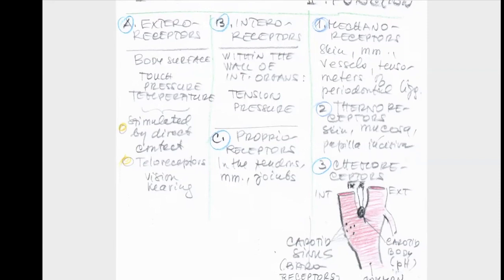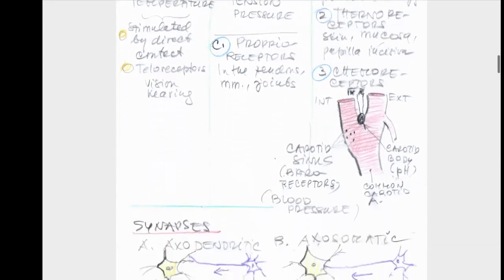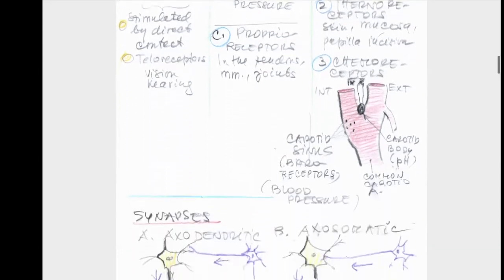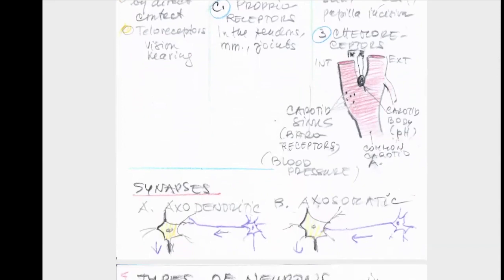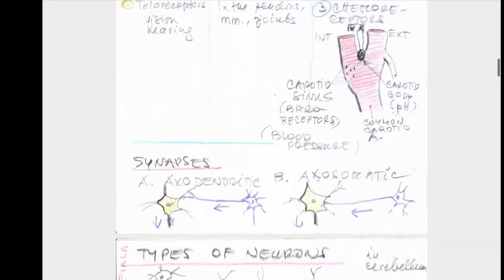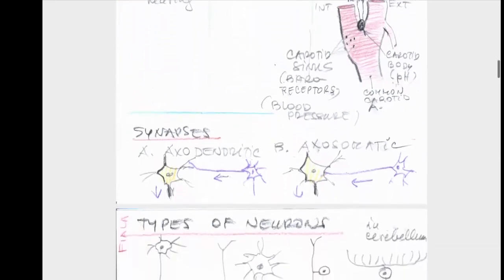Very good. The next page contains the synapses. First of all, you can imagine that synapses are interconnections between the neurons. There are two principal types of synapses. A means axodendritic.